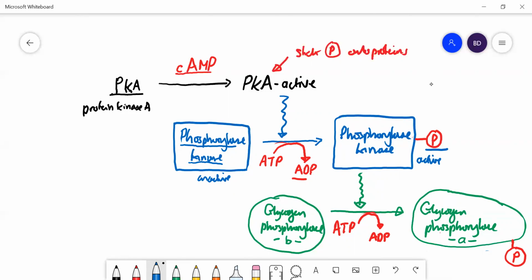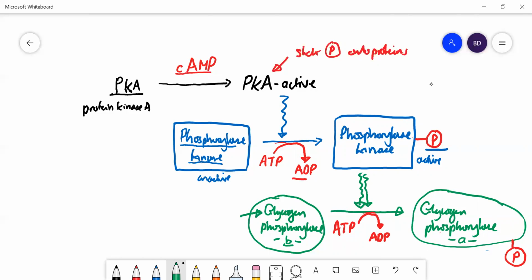And the substrate that this phosphorylase kinase will act upon, shown with this green arrow here, is glycogen phosphorylase. Now, glycogen phosphorylase is the enzyme that snips a glucose 1-phosphate off the end of the glycogen polymer. So you've got glycogen phosphorylase B, that's inactive, that can't do anything.